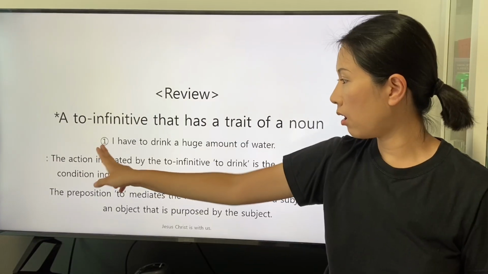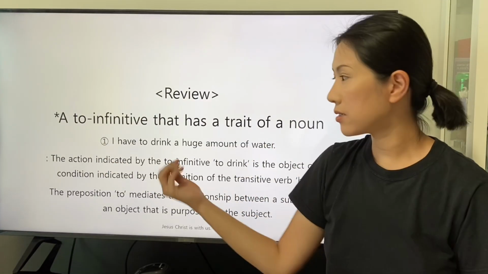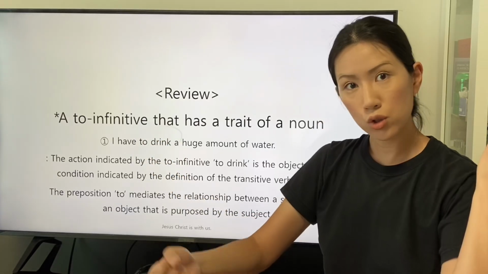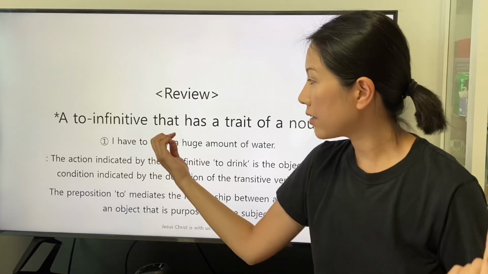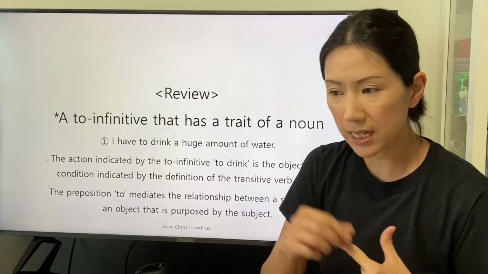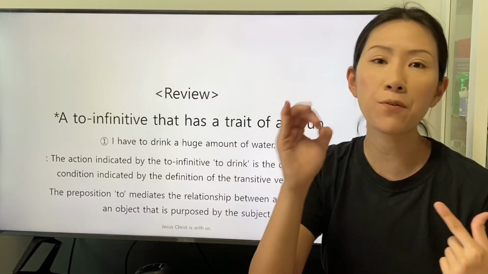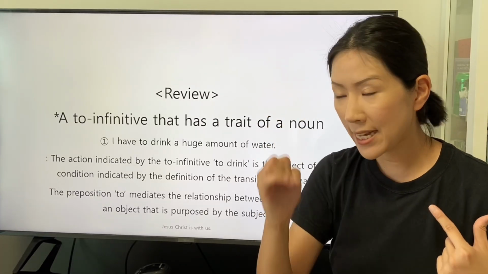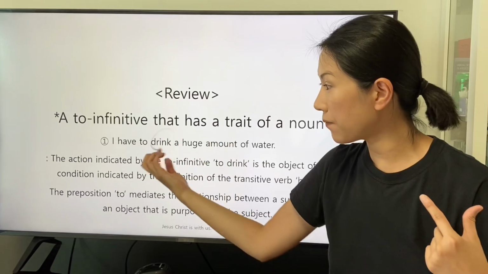There is a clause that the phrase of the preposition to and the root infinitive drink has the same form as the transitive verb drink.